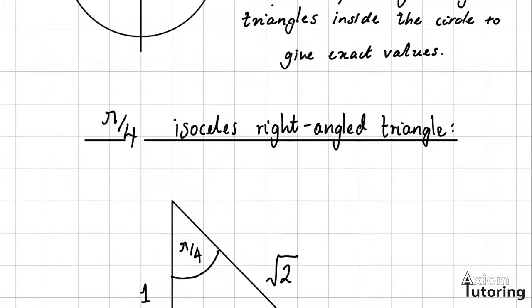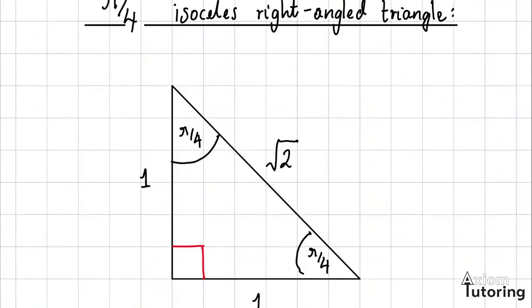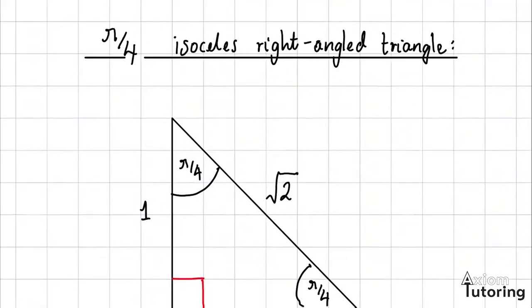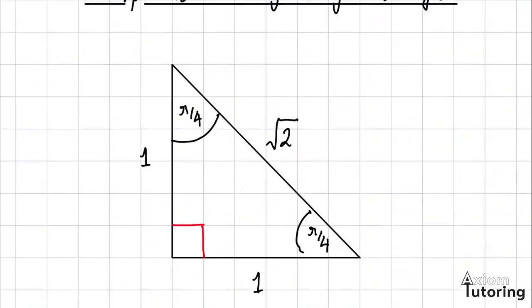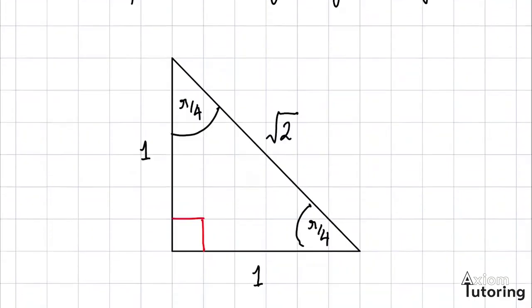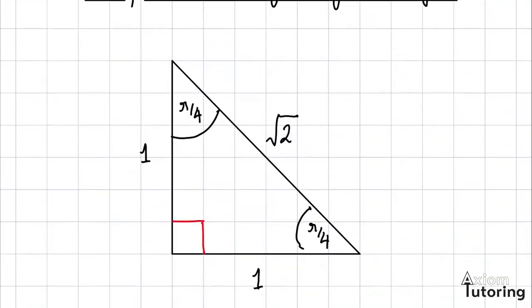So if we start with our first special triangle that we are looking at, it's the right-angled isosceles triangle with two equal sides of unit 1, where both angles are pi over 4. And the remaining side, the hypotenuse, is root 2, and you can verify that using Pythagoras very easily.